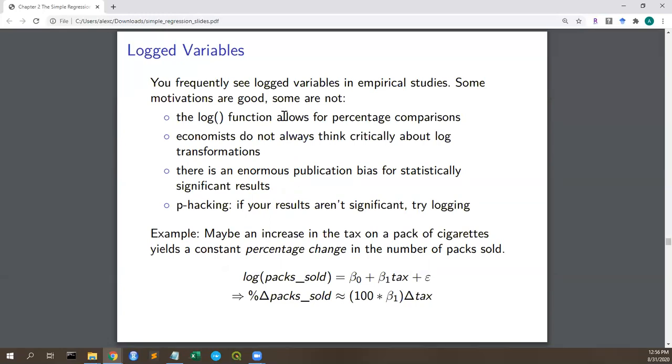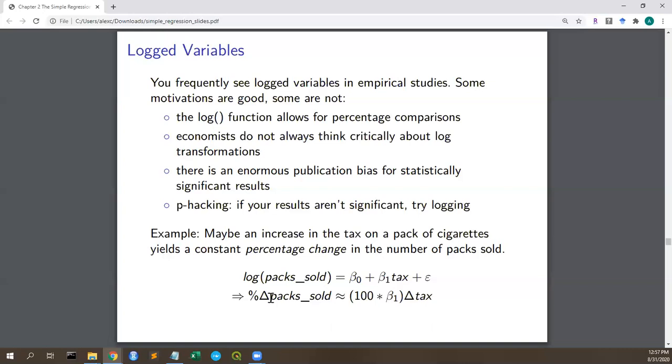So instead of saying a 1 unit increase in square footage, meaning 1 extra square foot of room in a house, will cause this many dollars for a house sale, if I log housing sales, I can say a 1 unit increase in square footage causes a percent change in the housing price.